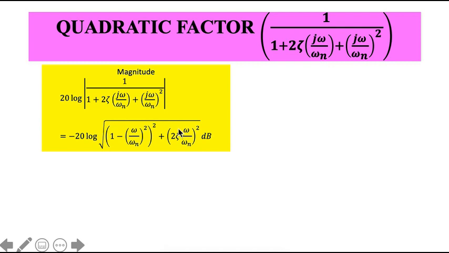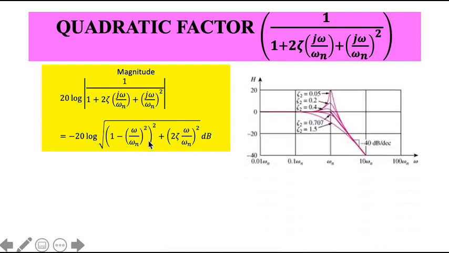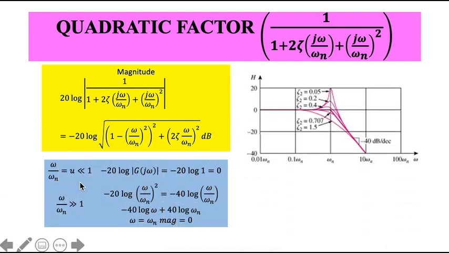Again, as usual, we will first look at how the asymptote plot looks. Here we will see what happens when omega by omega n, which we defined as u, is less than 1, meaning u is very small.